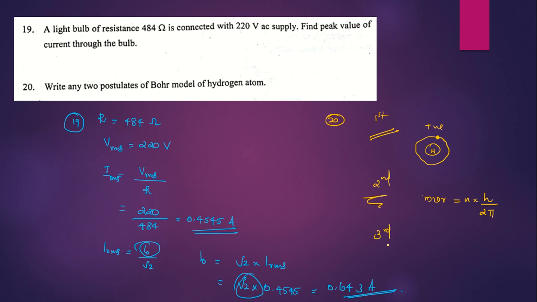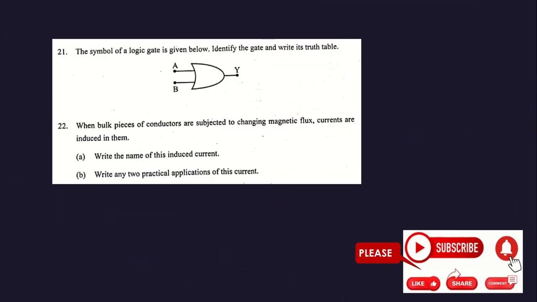And the third postulate, when the electron jumps from one stationary orbit of higher energy Ei to another stationary orbit of lower energy Ef, it radiates energy with a frequency say nu, we can say as Ei minus Ef is equal to h into nu. So these are the important postulates of the Bohr hydrogen atom model.